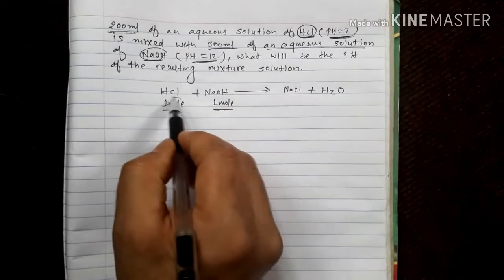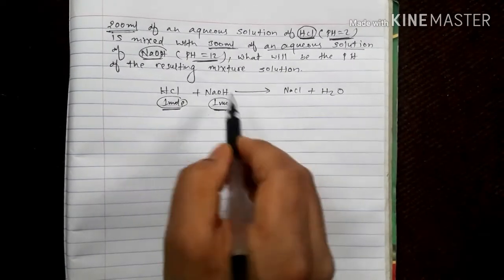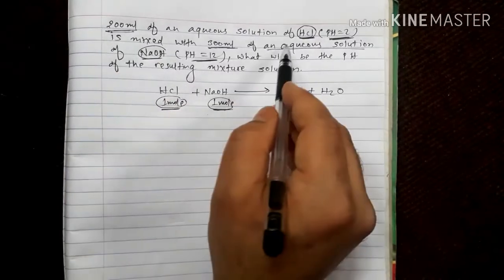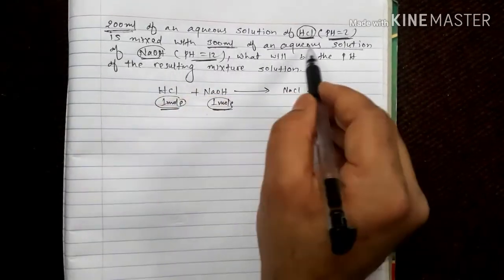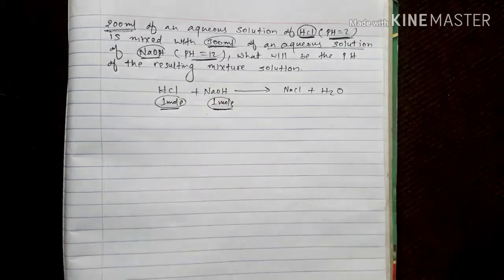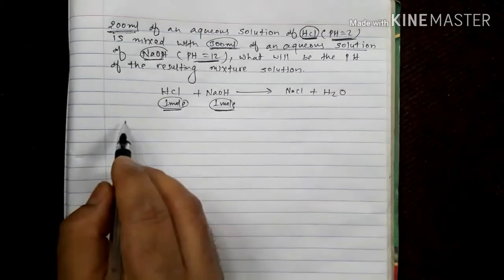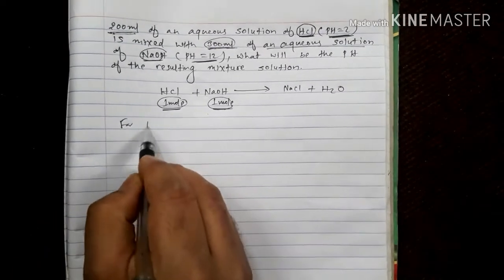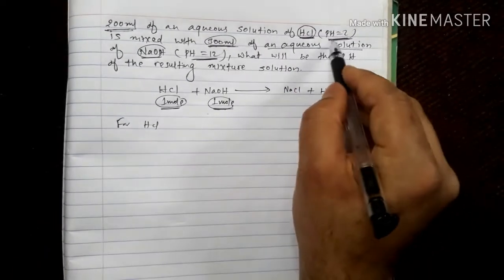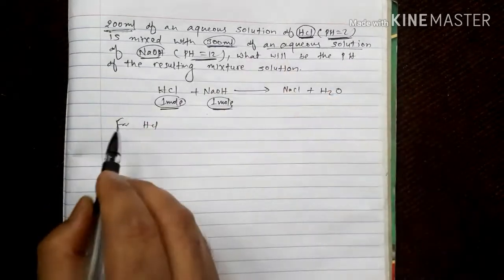To find the number of moles, volume is given for HCl and NaOH. The formula is volume in liter times concentration in molarity. Therefore, our first target is to find the molarity of HCl from this pH.